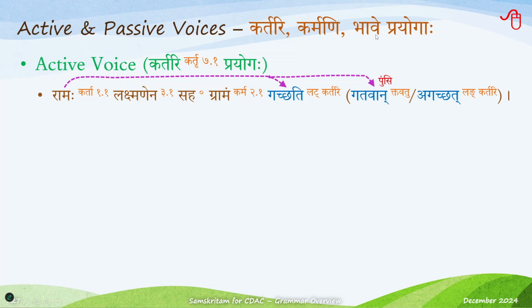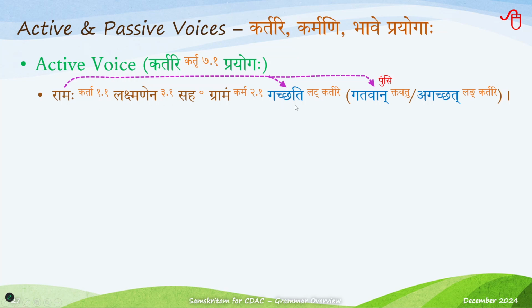Rama with Lakshmana to the village he goes. Goes. I can understand. So the group that I am addressing, a significant number of them have attended an interactive course that I conducted for them in CDAC, where they understand the basic meaning of this sentence.